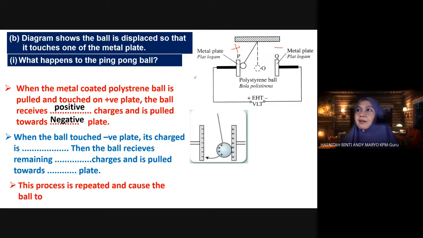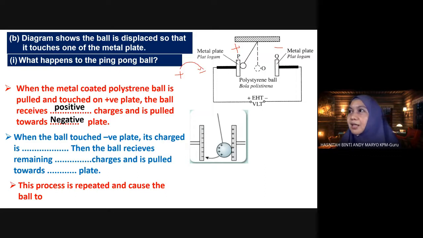What does it mean here? Just now this ball has positive and negative charges, right? So when you bring it to metal plate P, which is positively charged, what happens? Remember, charge flows from where to where? From positive to negative, right?